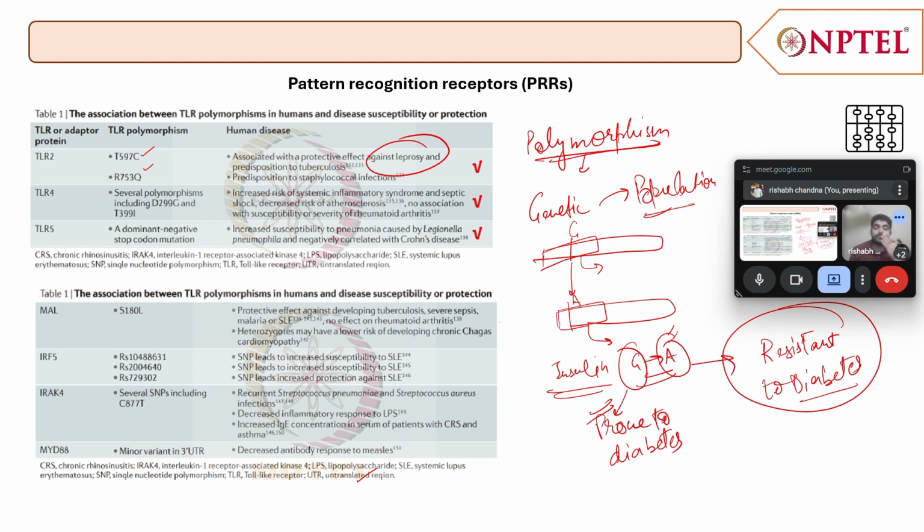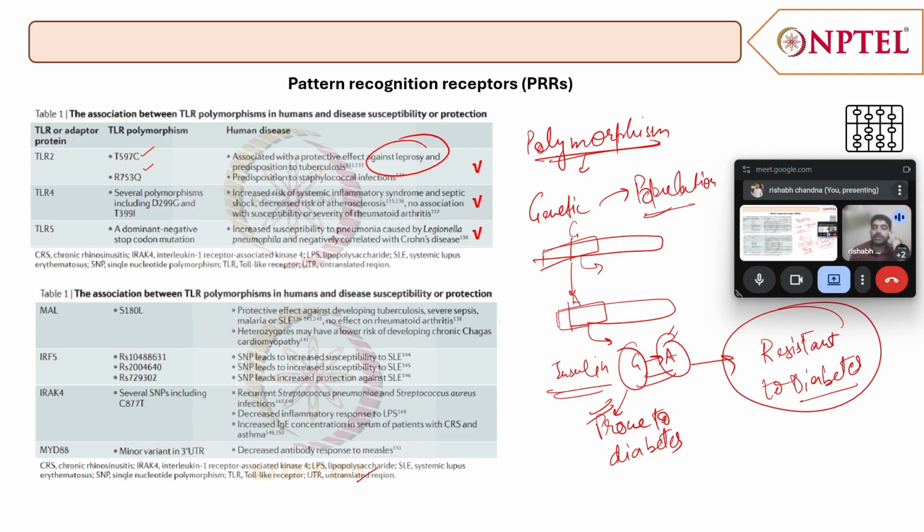IRAK4, several SNPs including C877T. So they are prone to Streptococcus pneumoniae and Staphylococcus aureus infections, decreased inflammatory response to LPS, and increased IgE concentration in serum of patients with CRS and asthma.